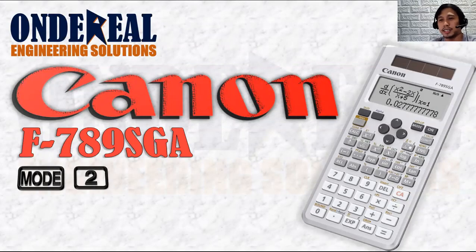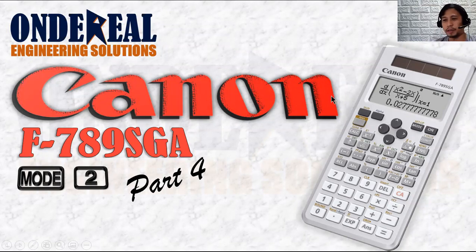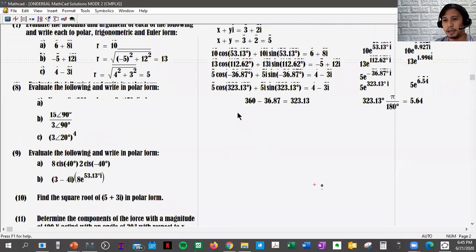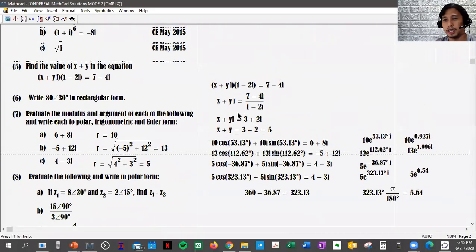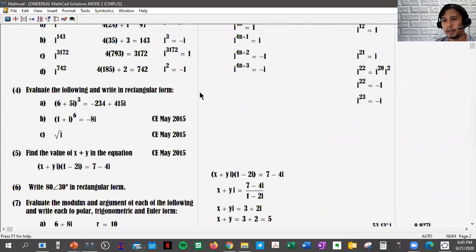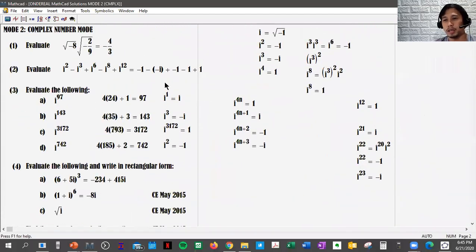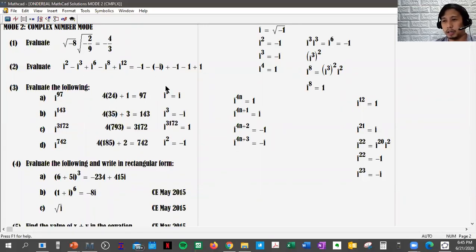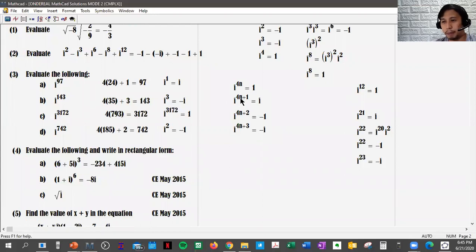So this is On the Reel, and we are now in part 4 of exploring the mode 2 or the complex mode of the CANON F-789SGA calculator. In my first 3 videos, we solved these problems. We evaluated the square root of negative numbers and also i raised to n, and the pattern if that power is a big number.